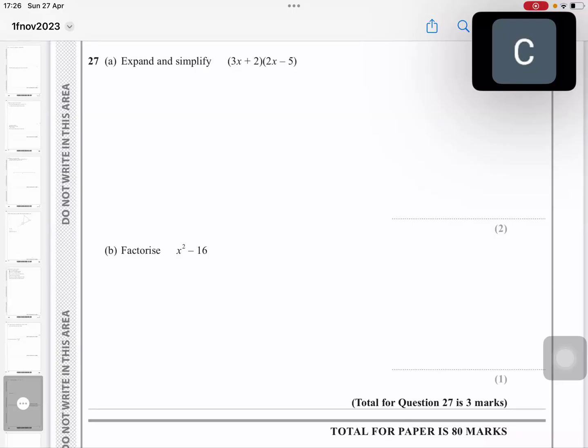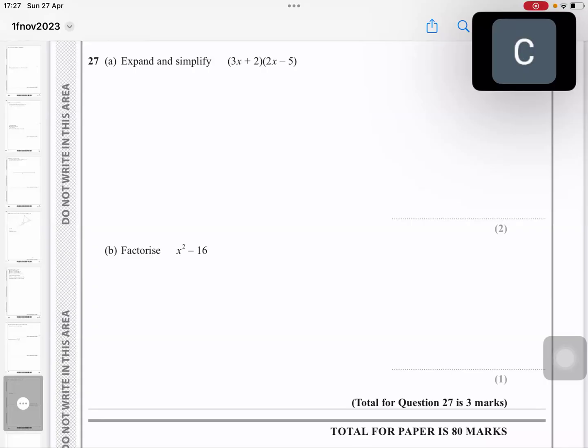Plus 2 times 2x. That would give me plus 4x. Okay. And then I'll now take that same plus 2 from the first bracket and multiply it by minus 5. That would give me minus 10.